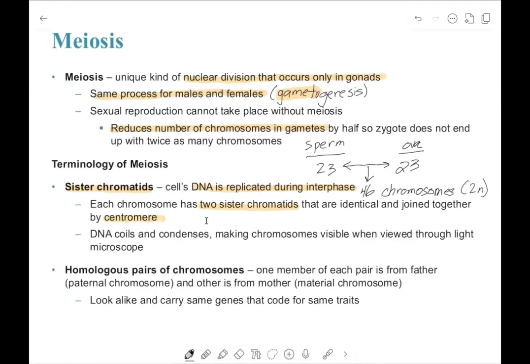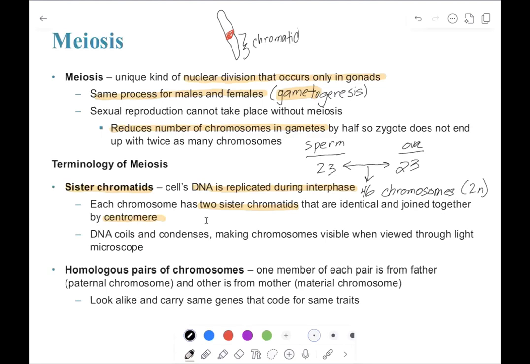So to give you an example of what this is going to look like, if we have one chromosome here, we would have a centromere in the middle of it. And each of these regions would be a chromatid.